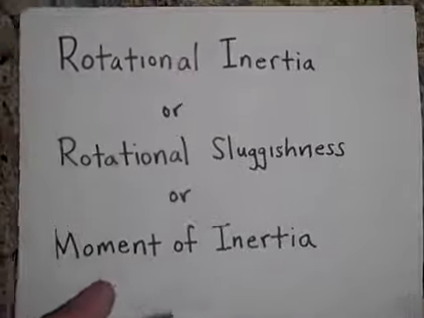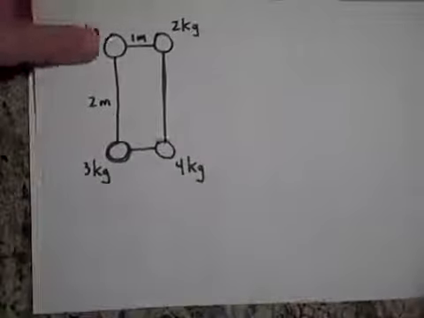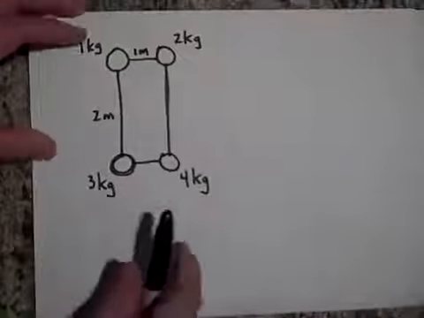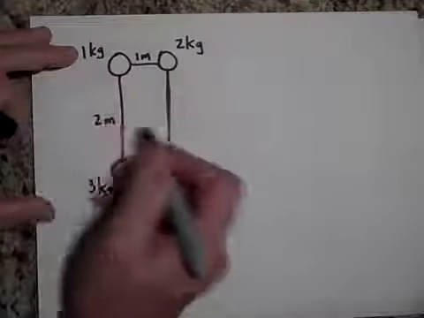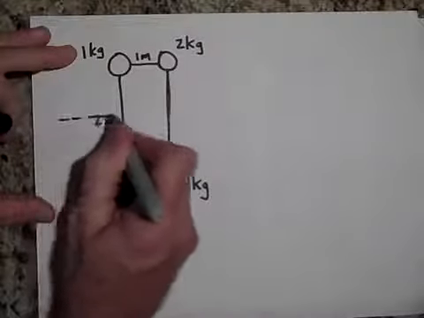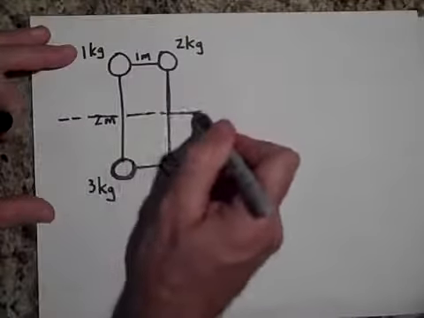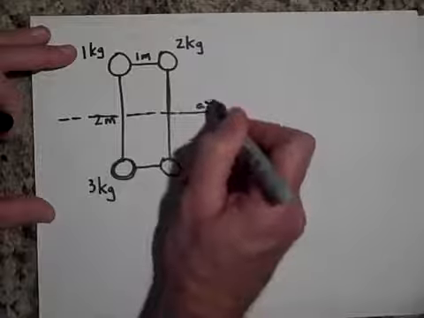All right, so it turns out that to rotate something about an axis, say, about this axis. I'm going to put an axis right through here. Like that. That's the axis.